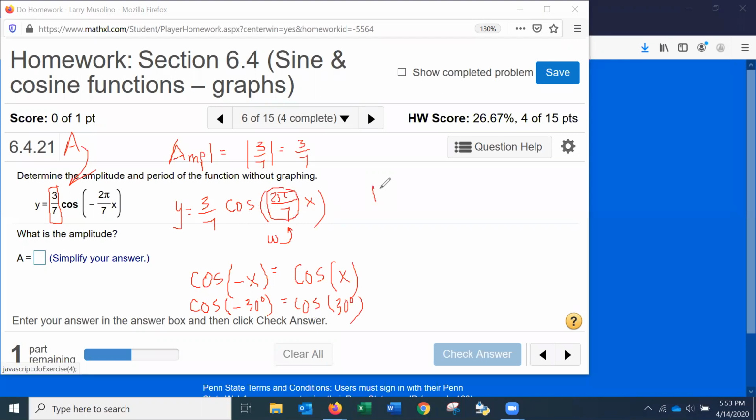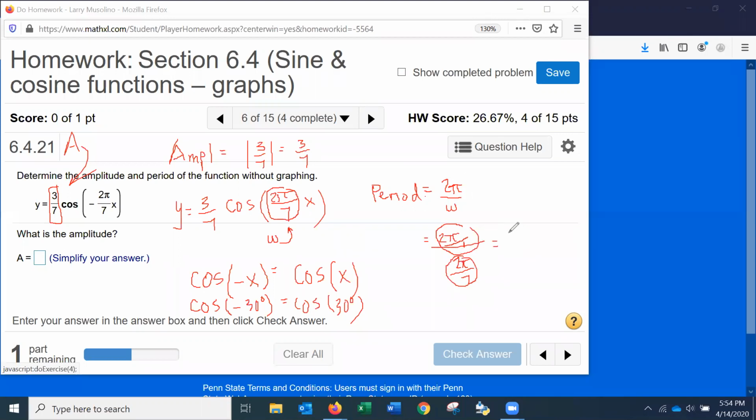So now let's figure out the period. Remember, the period is 2 pi over that coefficient omega. But in our example, it's going to be 2 pi over 2 pi over 7. Now here's what I'm going to do to make this fraction a little easier to work with. I'm going to put 2 pi over 1 because I want to make this look like one fraction divided by a second fraction.